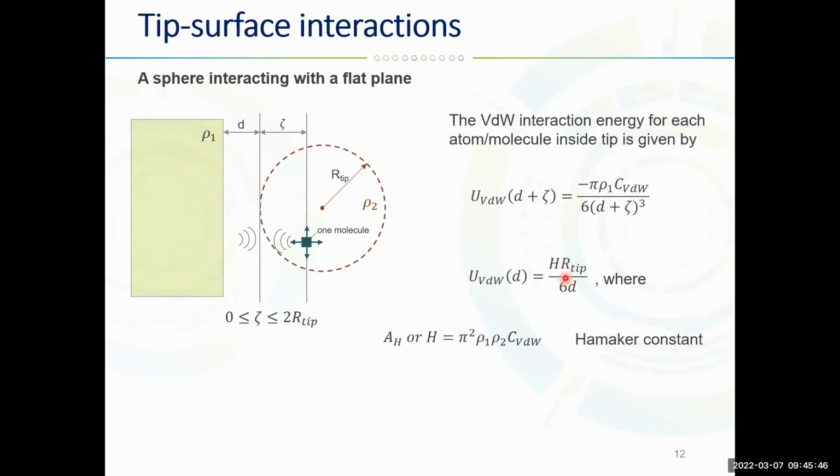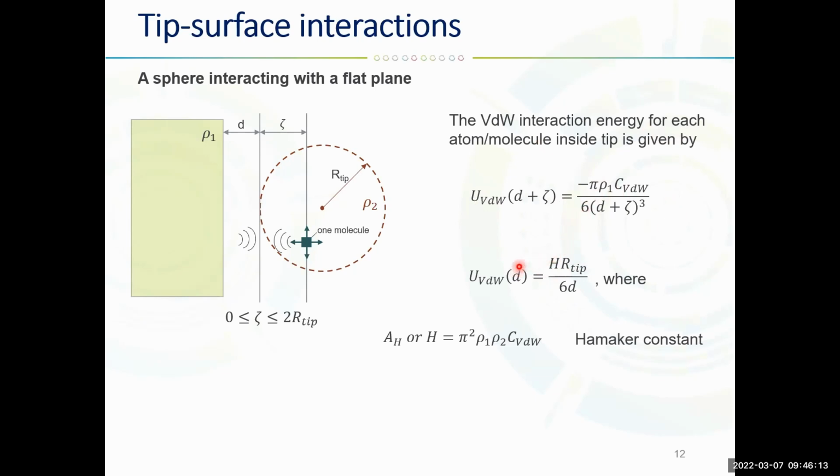it says that the interaction potential energy between a sphere and a substrate, if the apex of the sphere is located at the distance d above the substrate, varies as a constant H. So the constant H here is the simplification of this equation.